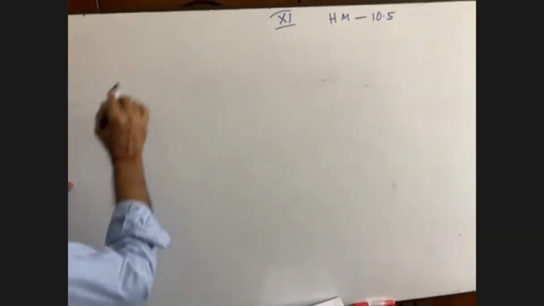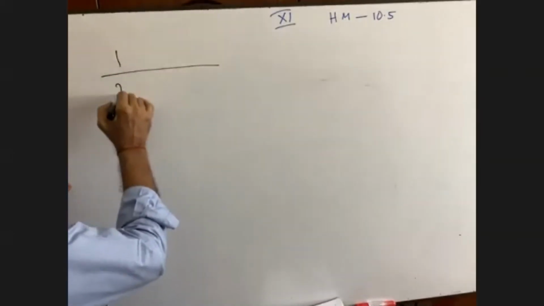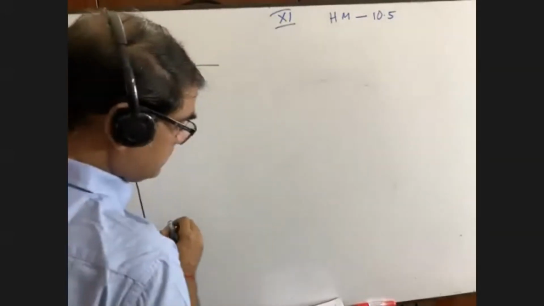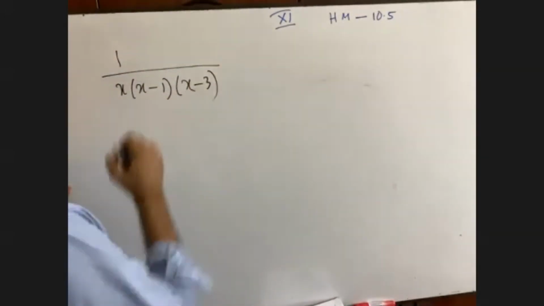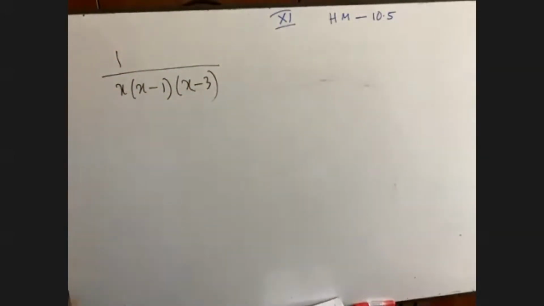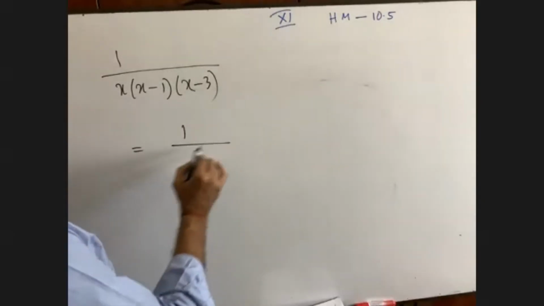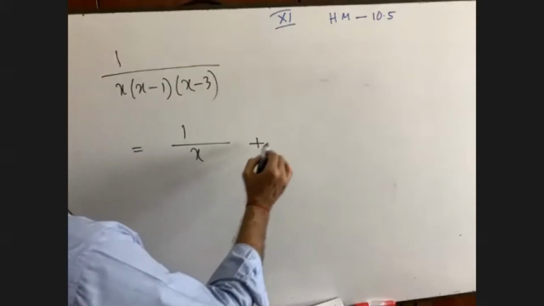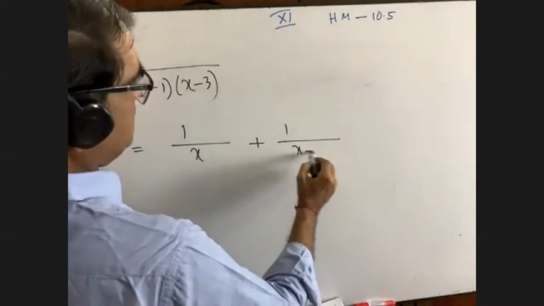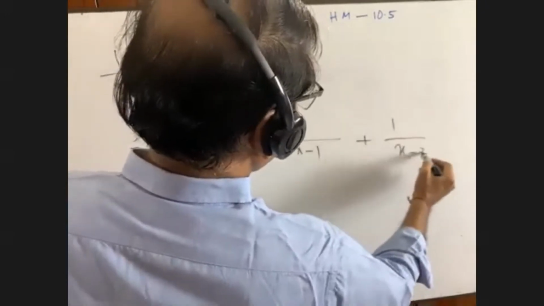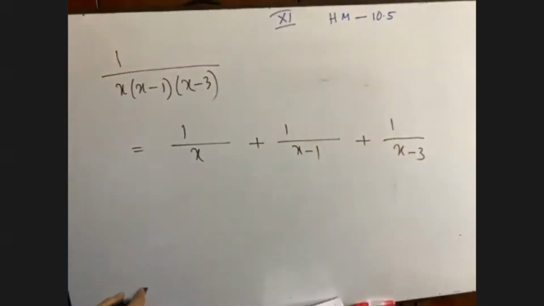Suppose 1 by x into x minus 1, x minus 3. This is given in a math. What will you do? Talk to me. 1 by x plus 1 by x minus 1 plus 1 by x minus 3. Okay?